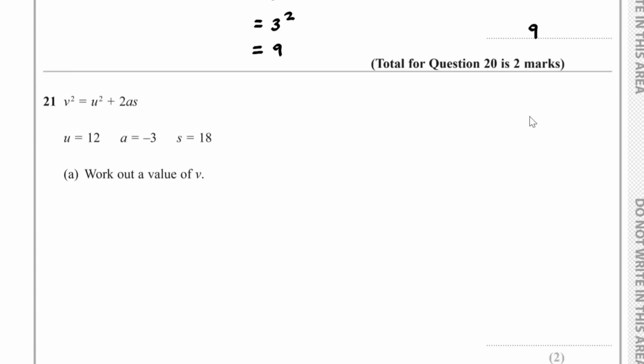For question 21, v squared is equal to u squared plus 2as, and we are given that u is 12, a is negative 3, and s is 18, and we have to work out the value of v. Well, what we have to do is substitute these values into our formula.